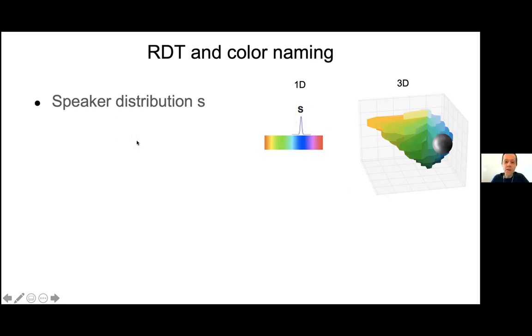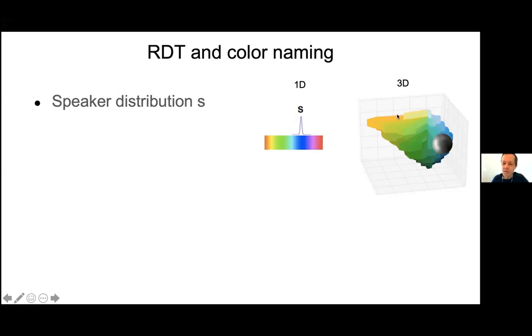It's critical, what's actually doing most of the work for the model results I'll show you in a minute, that this color space is lumpy. If the color space were perfectly smooth, so think of something like a billiard ball, then there would be no joints that we could talk about carving reality at. But the fact that the color space is lumpy means that with the help of information theory, we can begin to think about what the natural ways are to carve this lumpy color space at the joints.